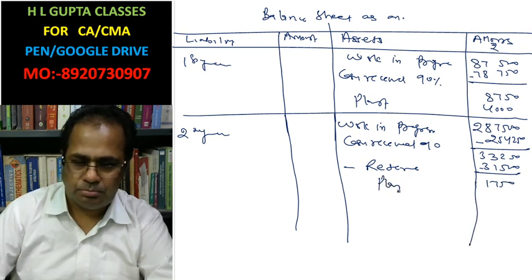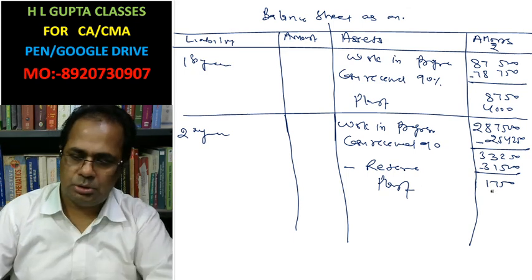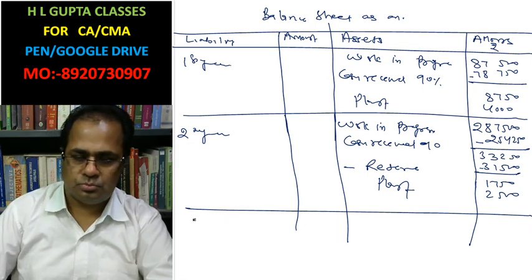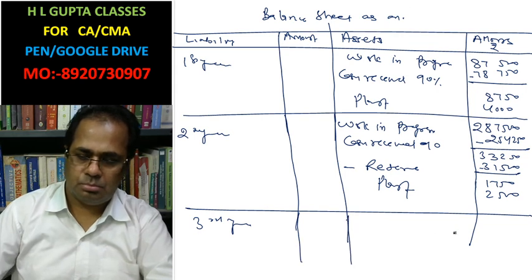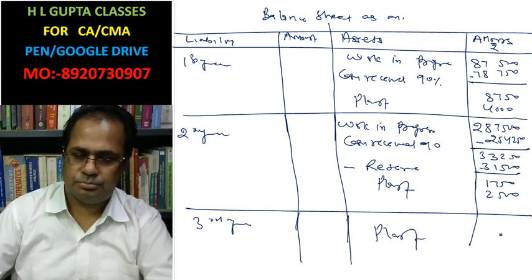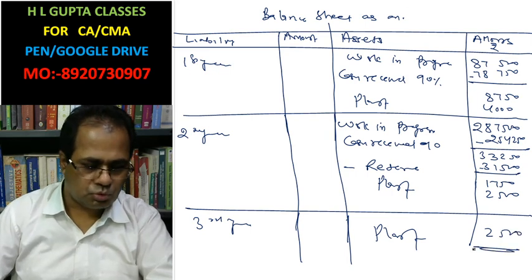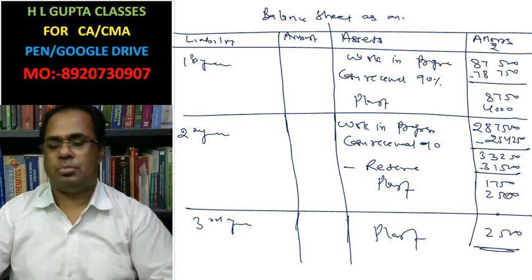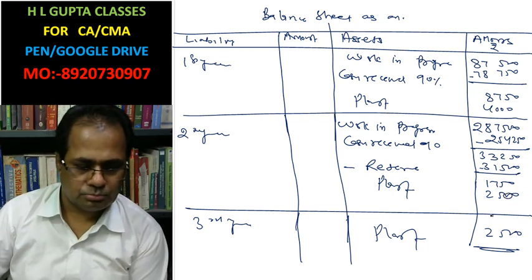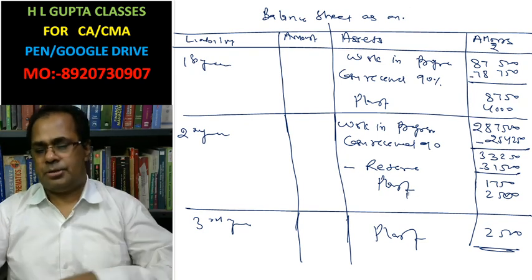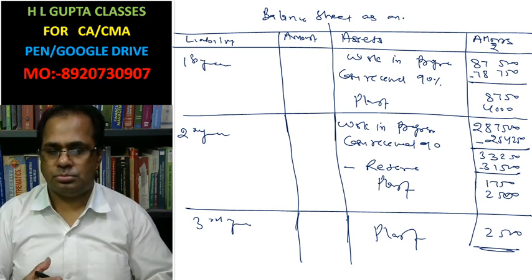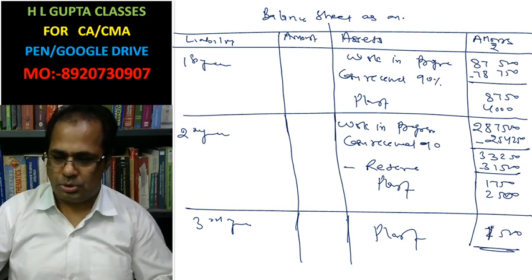Plant 2,500. Third year: this is plant 2,500. Now the reserve is here, 1,000.